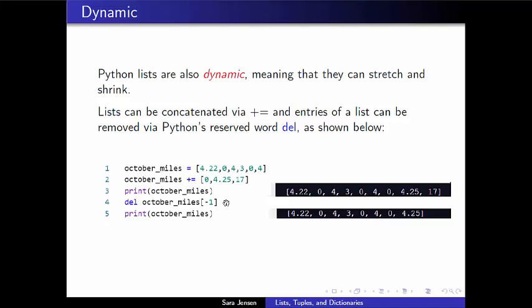We could delete it from our list by saying, let's delete the last entry in the October miles list, and then when we ask Python to print the contents of that list, you'll notice that the 17 is removed. So these are examples of one way that we can add to lists and remove items from lists, making Python lists dynamic.